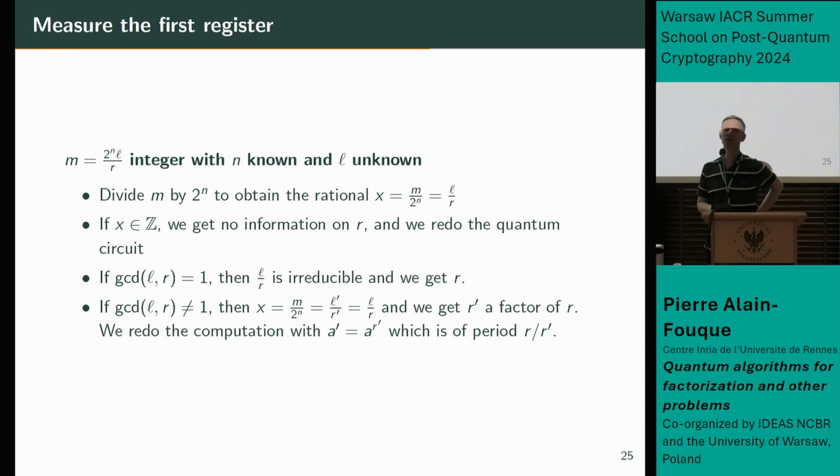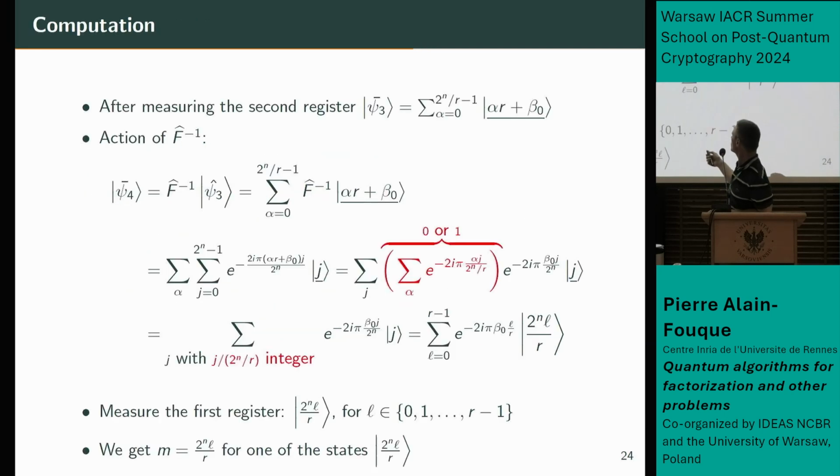Yeah, we can bound the number of times that we get an integer. For instance, it happens that L can be 0, and in this case you get 0, and you get no information.